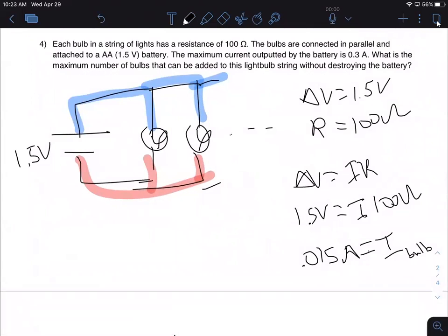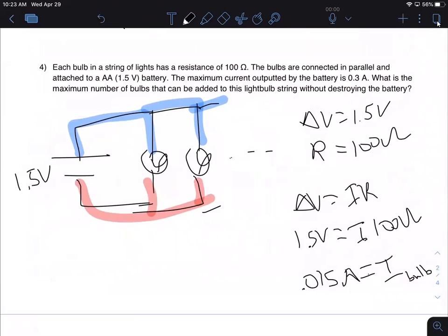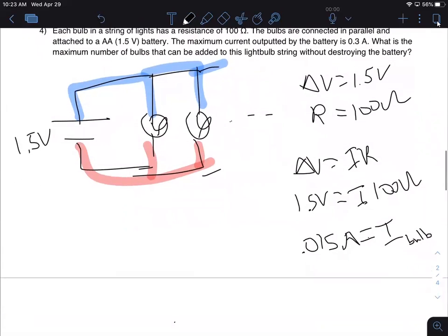So the maximum the battery can do is 0.3. So how many can I get and have a total current of 0.3? 0.3 amps equals, each one is 0.015 amps, times the number of bulbs.